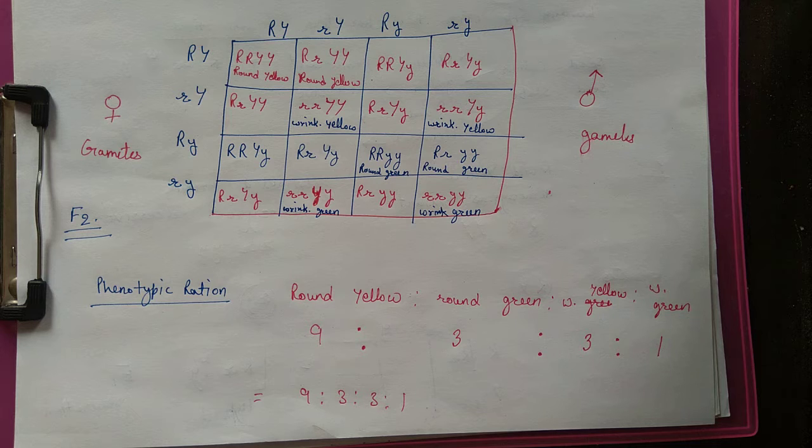So by these experiments we have found that in the dihybrid cross the phenotypic ratio comes to 9:3:3:1, because there is a major difference between monohybrid and dihybrid. There it is a 3:1 ratio, and here it is 9:3:3:1.